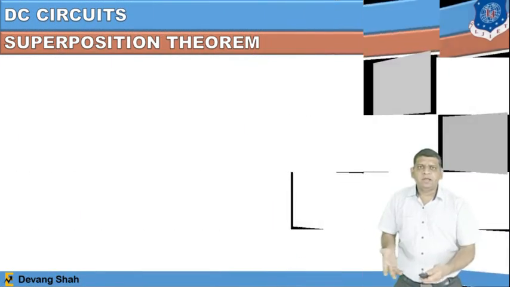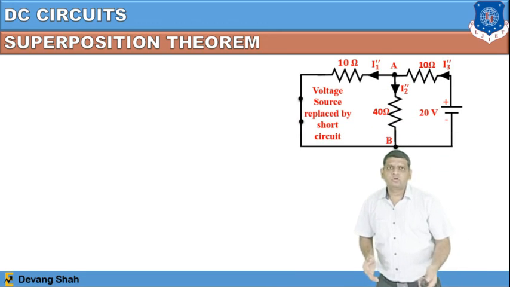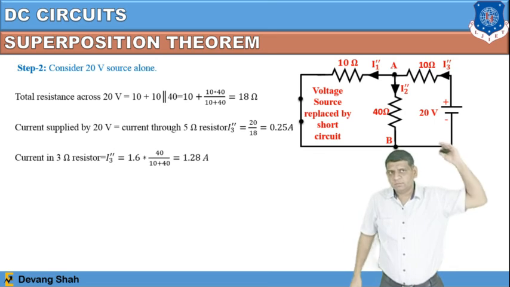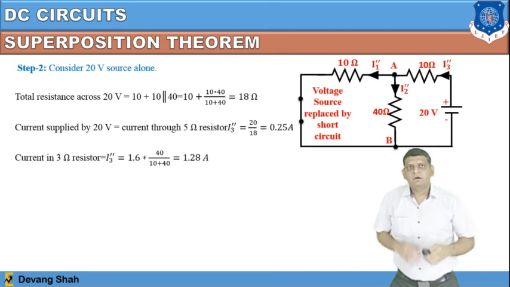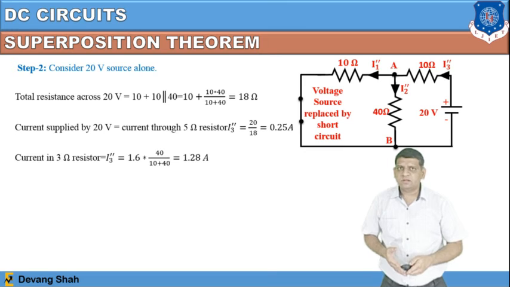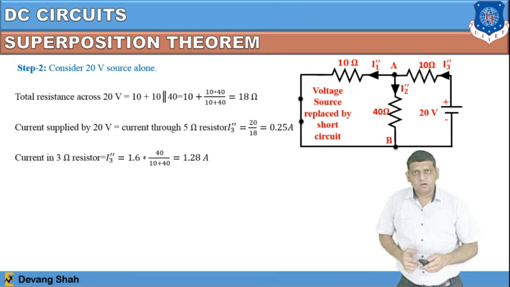Same way, now I am taking the 20 volt source and making the 10 volt source short, right? So here I'm looking from this direction. You can see here the 10 ohm resistance and 40 ohm resistance are in parallel, with the 10 ohm resistance in series. So you can easily find the total resistance for this step number 2 is 18 ohm.